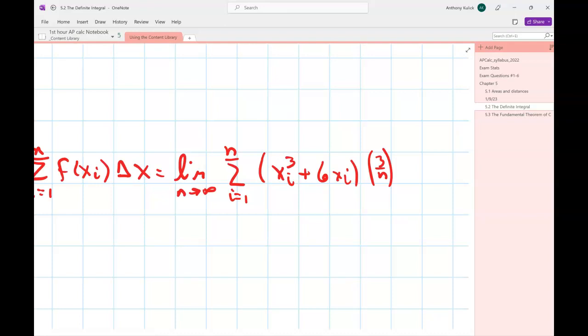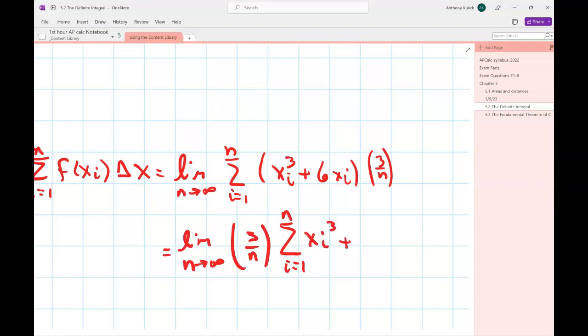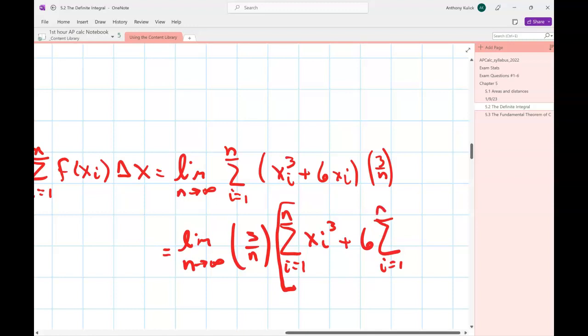Everybody's okay here? So the 3 over n, notice, doesn't include an i, so that's a constant with regard to the summation. So I can pull that out. And then I'm going to distribute the summation and use my summation rules to pull the constants out front.